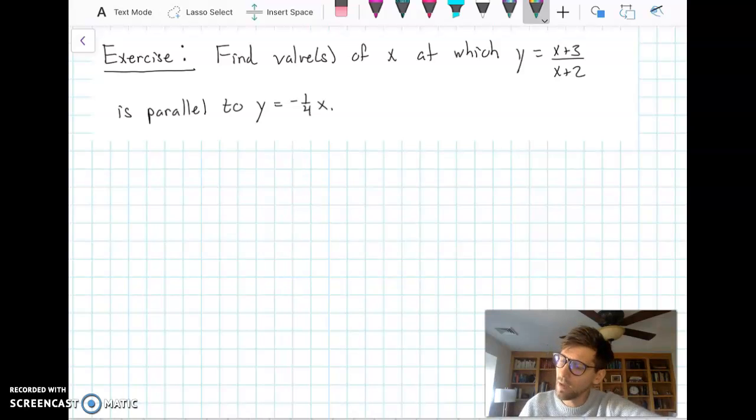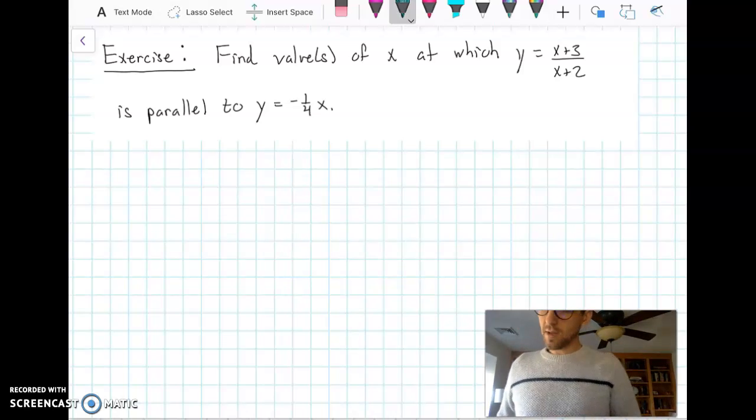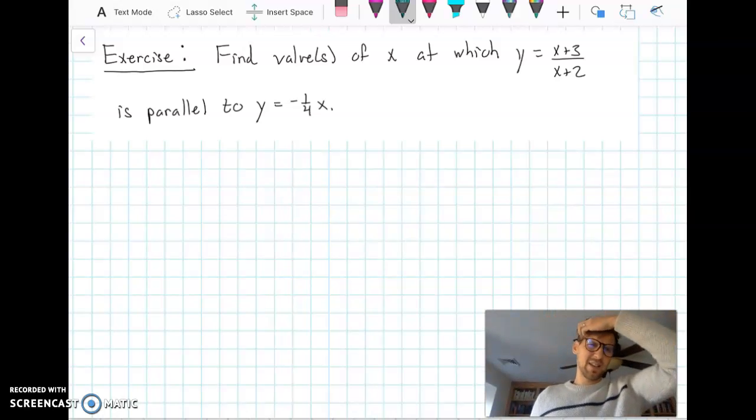So find the values of x at which y equals the quantity x plus 3 divided by the quantity x plus 2 is parallel to y equals negative 1/4 x. Interesting. So I know Kai had broken down the previous one quite nicely for us, but once again, we're trying to find, well, this is actually a linear equation, right?